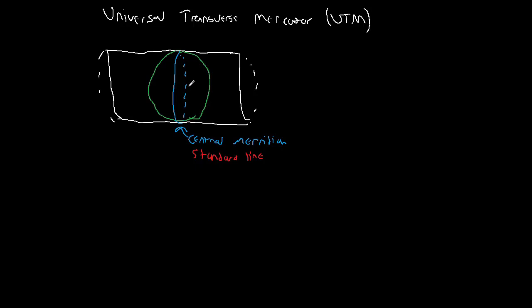So what universal transverse Mercator aims to do is it's actually a series of map projections. So universal transverse Mercator, I'm going to make a note here, is not one map projection.